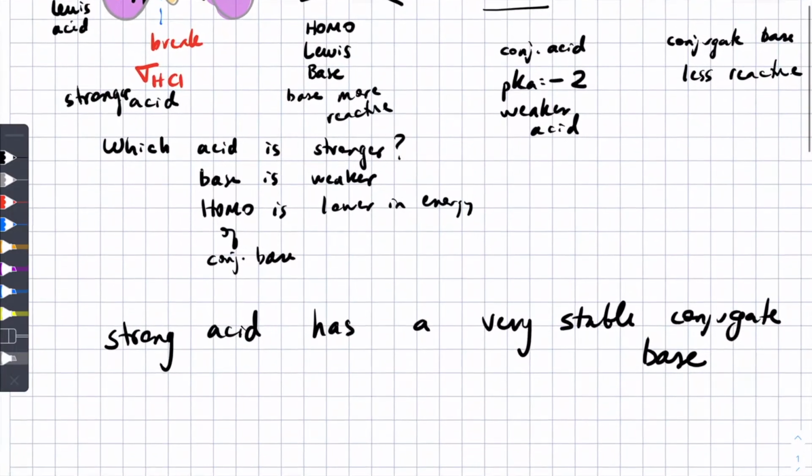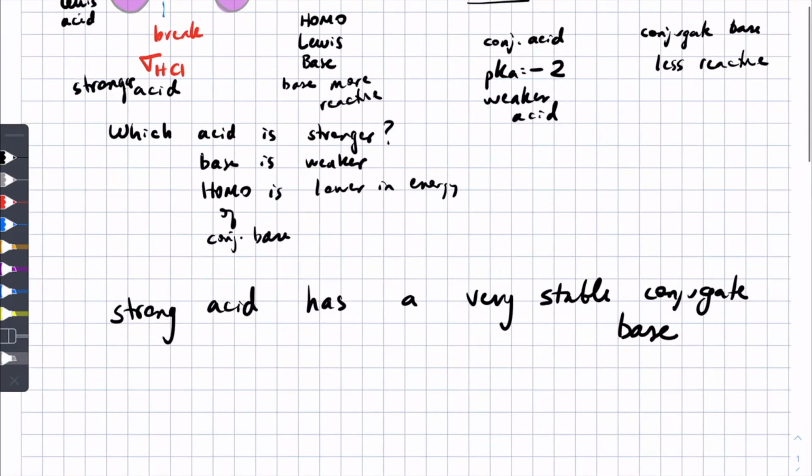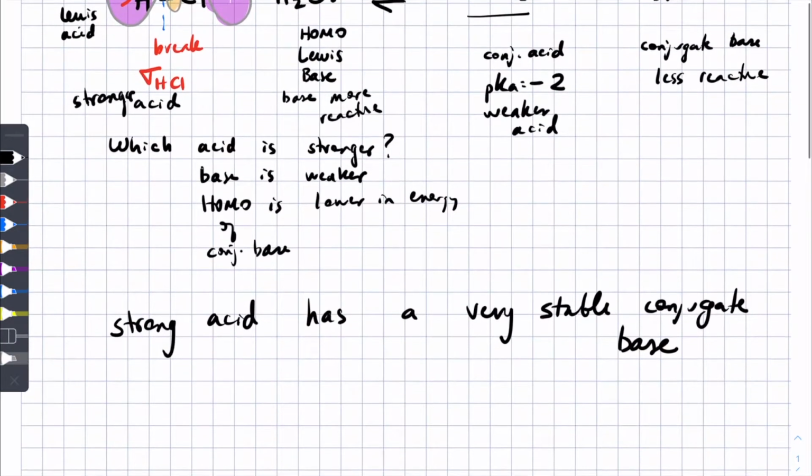Stronger acids have very stable conjugate bases. And so we will often rationalize the acidity of something by considering how stable its conjugate base is once the proton is gone. That's a really important point. So maybe I'll say it again.